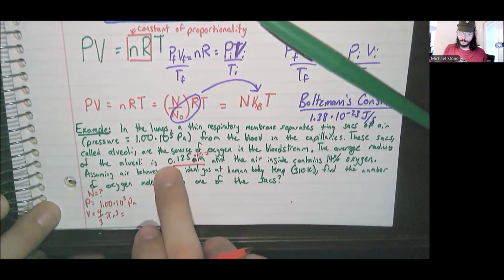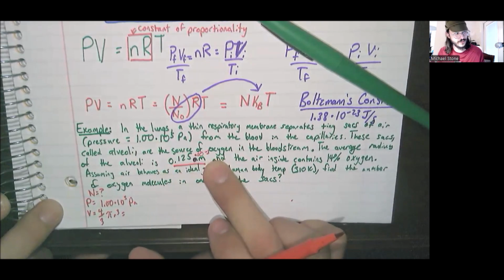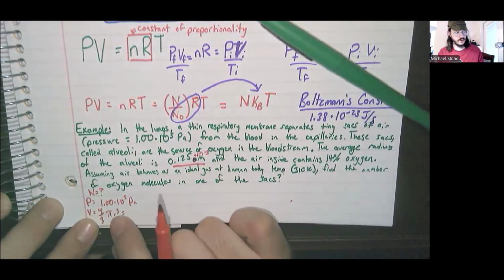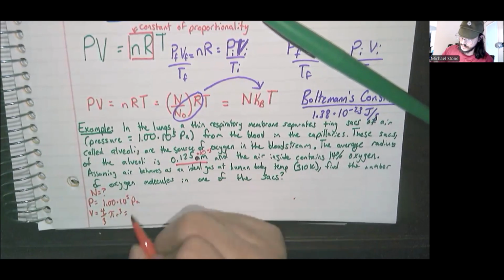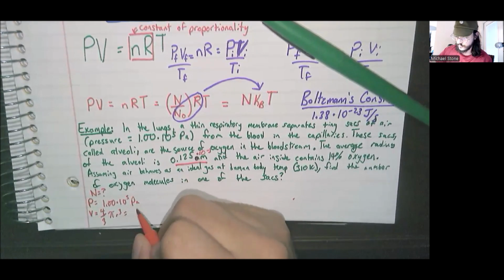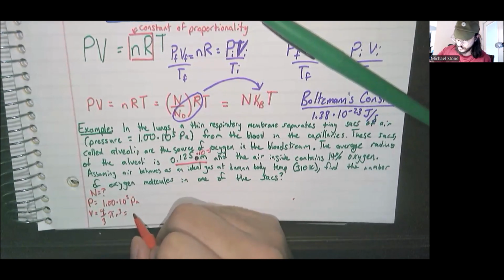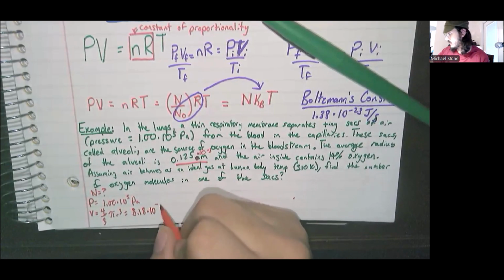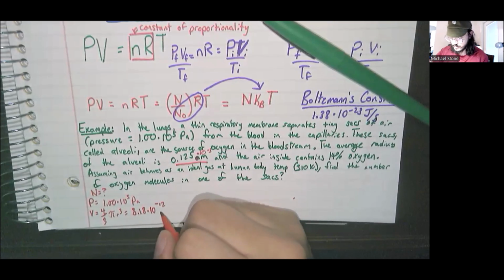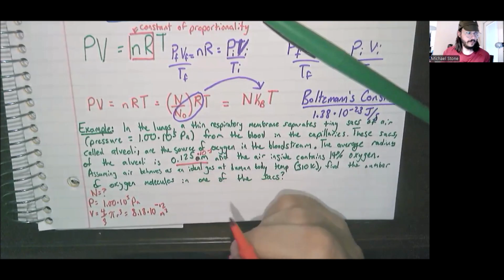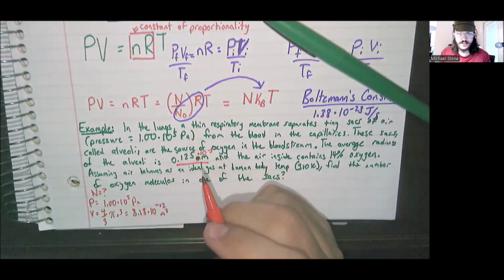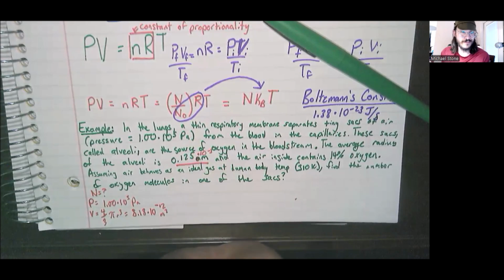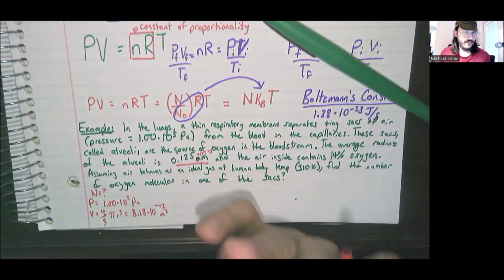So plug in 0.125 times 10 to the negative 3 into 4/3 pi radius cubed, and you should find that the volume inside of one of these sacs is 8.18 times 10 to the negative 12 cubic meters. Not a lot of space. Doesn't need to be. Your lungs are full of them. There's enough of them in number to make up for the small sample size.